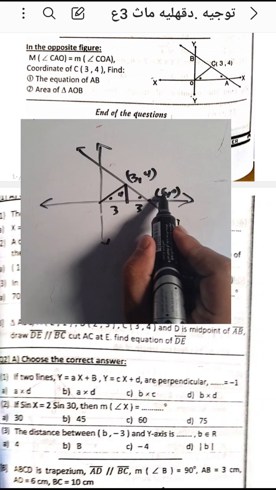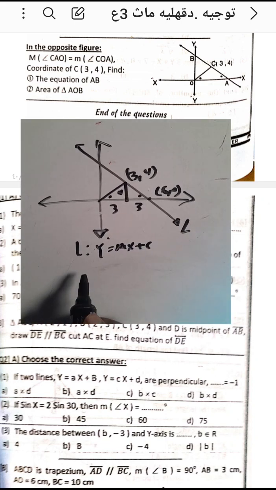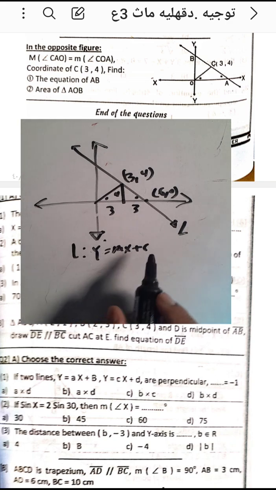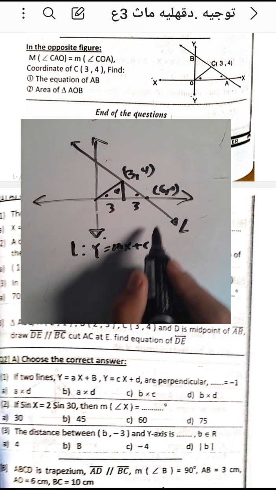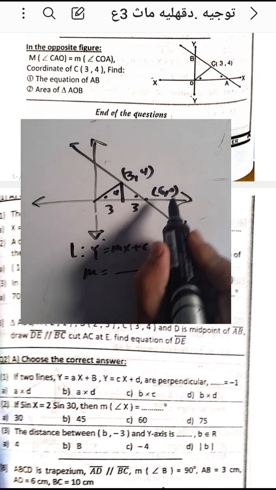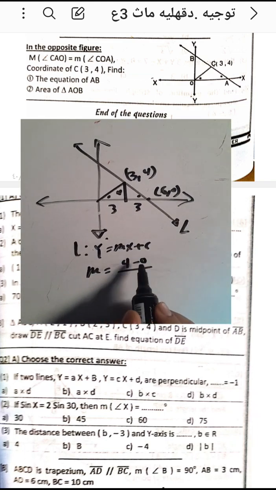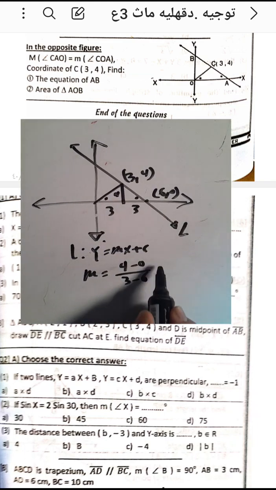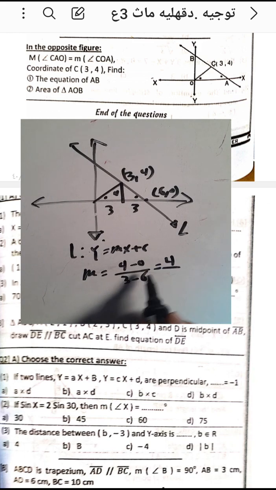Okay, and 6 and 0 and 3 and 4. You can find the slope of L, y equals mx plus constant. Then for the straight line here, you can find the slope 4 minus 0 over 3 minus 6. 4 minus 0 is 4, 3 minus 6 will be negative 3.